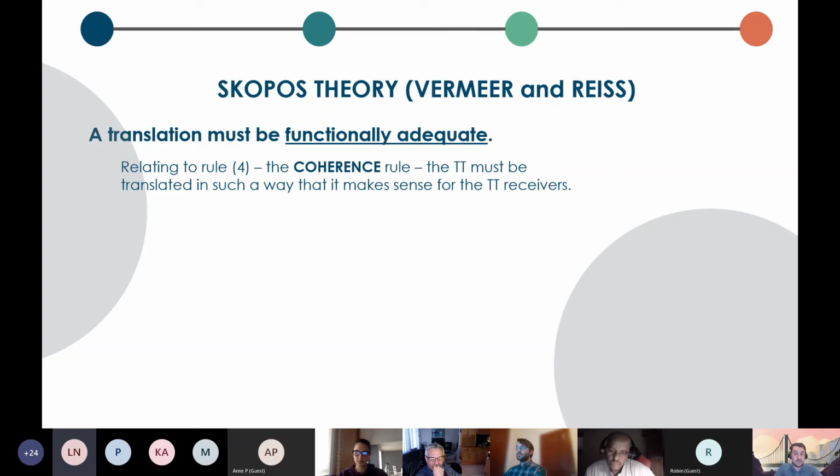Well, according to Scopus theory, you're going to have to use a lot of explicitation. You're going to have to use a lot of layperson's terms in order to create a translation that is coherent, because we're thinking about our purpose and our target audience.